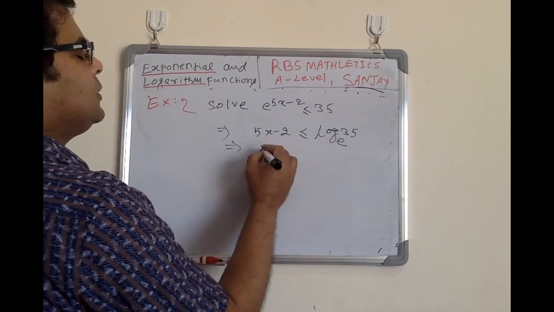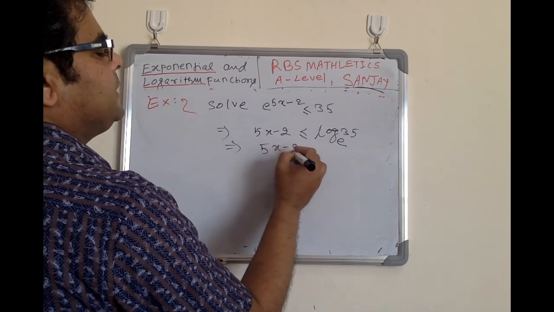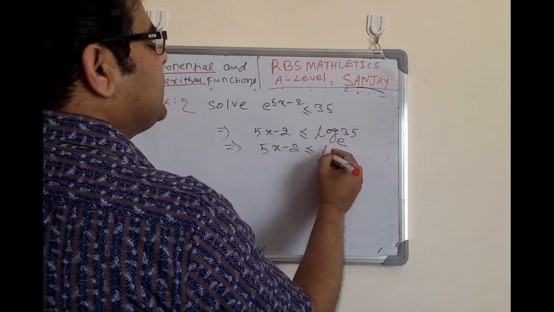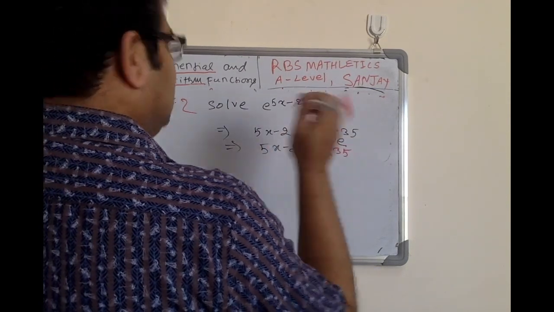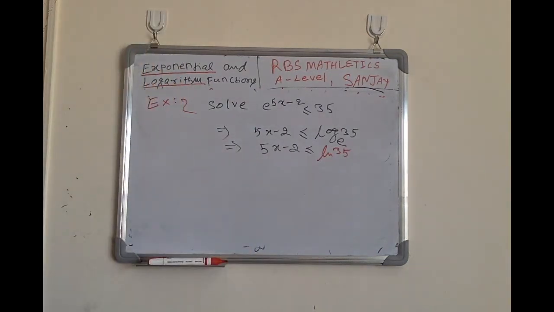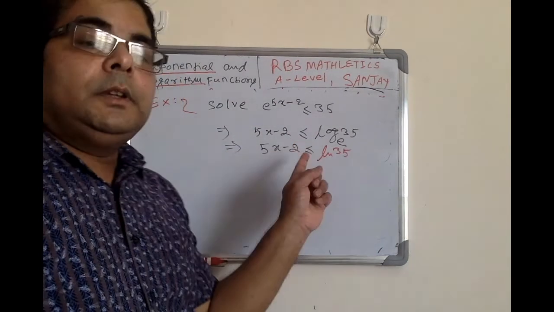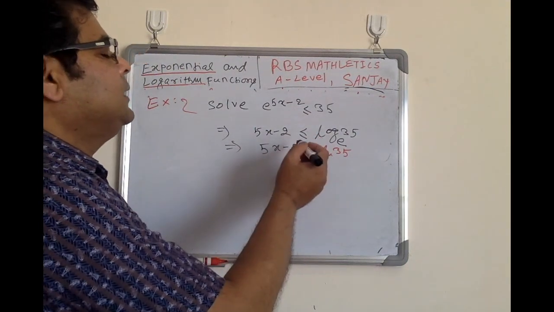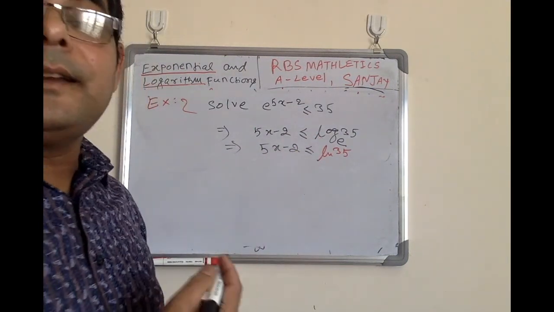Or you can directly write 5x minus 2 is less than or equal to, and instead of writing base e, you can write ln 35. But at this time, if that were an equality, there would be no risk of writing whether it is less than or greater than.